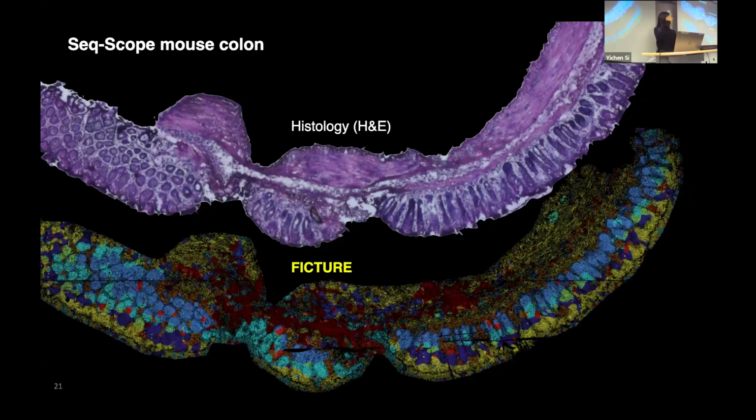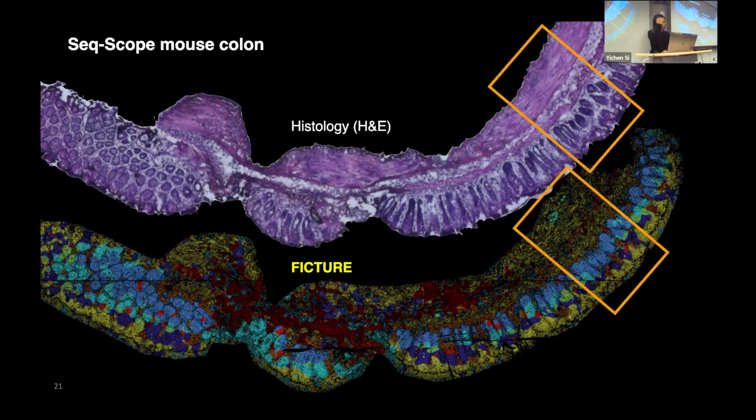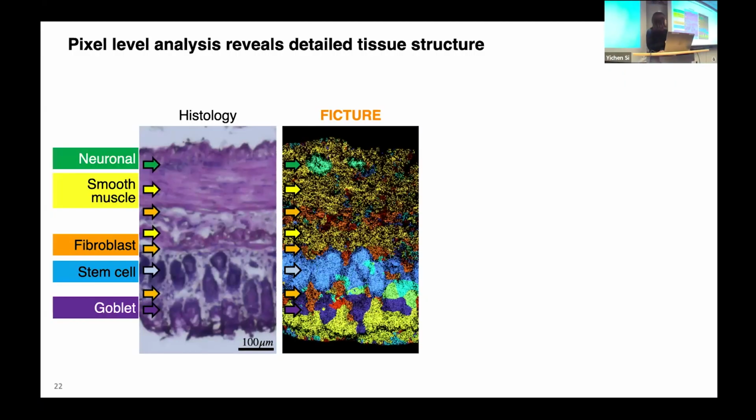When we apply FICTURE, we more faithfully recover the fine scale structure of the tissue. It's not shown clearly, but here the red dots in between the colonic crypts are immune cells that are clearly identified. Next we will zoom into this orange box.